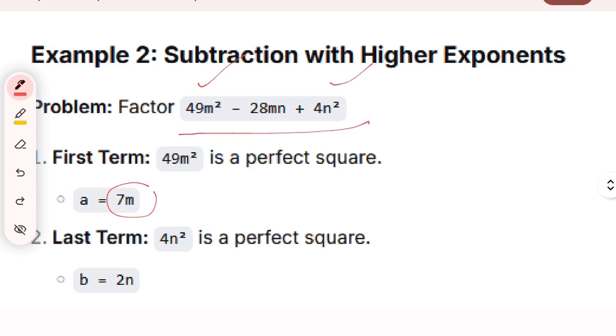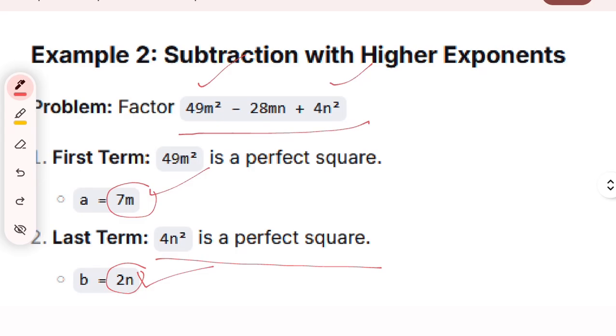Is the last term a perfect square? Let's try it. 4n squared. Oh yeah, it is a perfect square. It's 2n. 2n times 2n, or 2n squared, is 4n squared. Therefore, 4n squared is indeed a perfect square. The last condition. If I multiply 7m and 2n, the answer is 14mn.